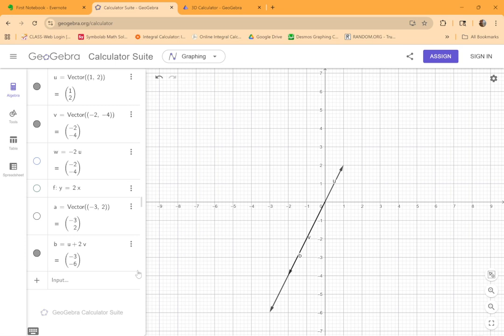Let's try a few other values here. As we can see, any linear combination, or the few examples that I've inputted here, have just been vectors that look to be along this line here, as I draw it.